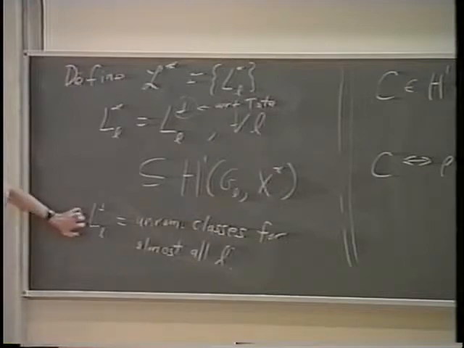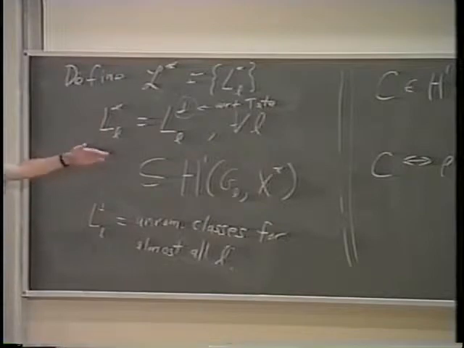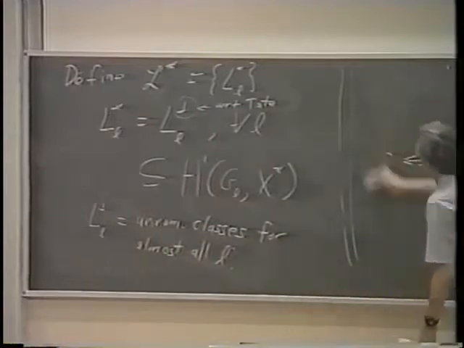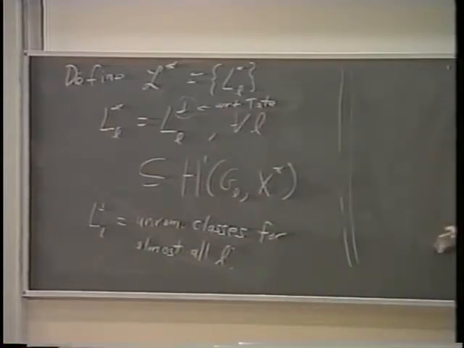And this is coming right out of the Tate duality theorem. The unramified classes are the annihilator of the other unramified classes. And so the theorem is very crucial to Weil's work.